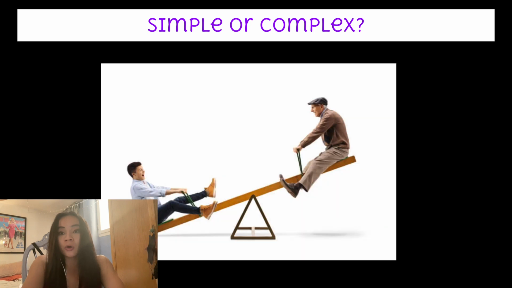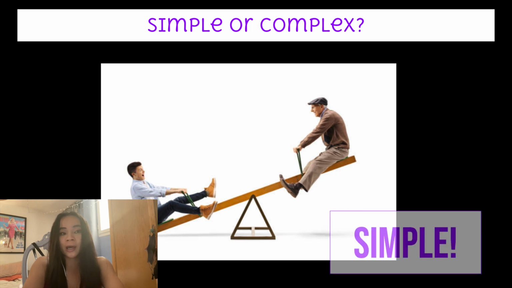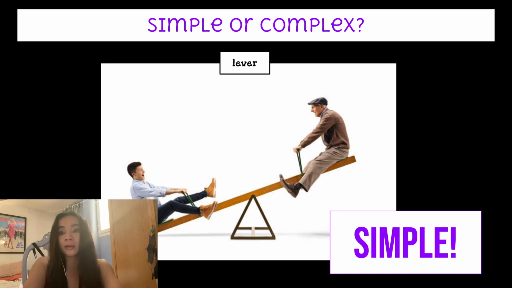Is this simple or complex? Simple. And what type of simple tool or machine is this called again? A lever. So we call this a seesaw, but a seesaw is an example of a lever.